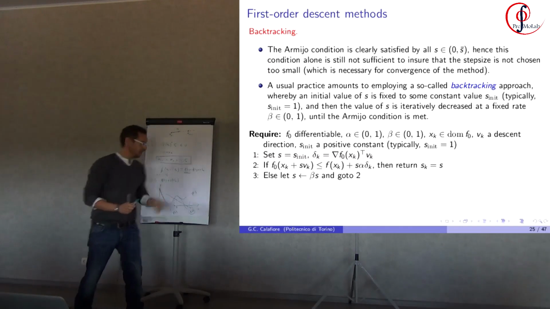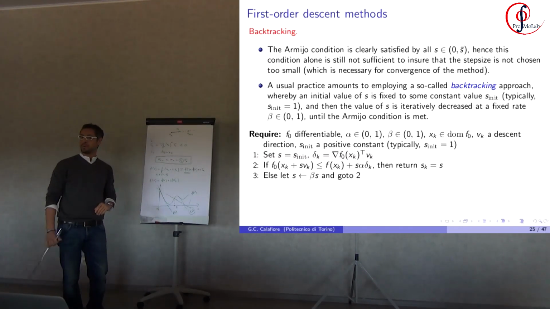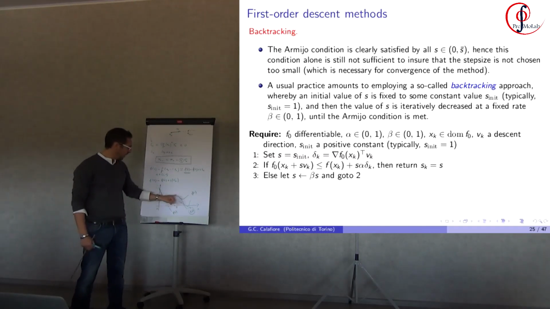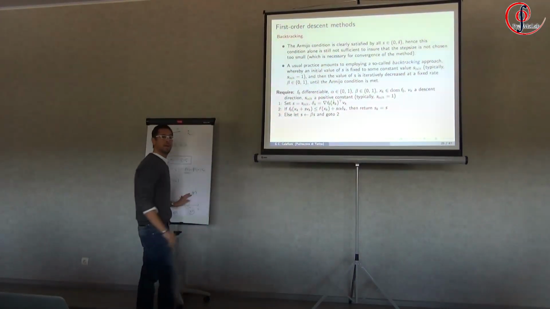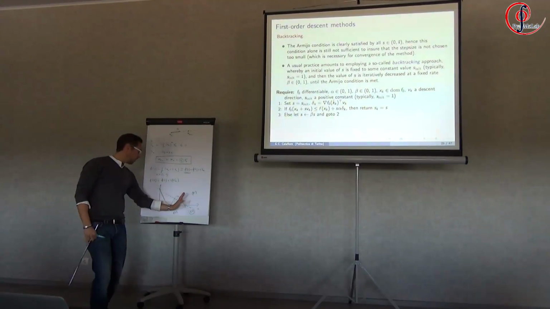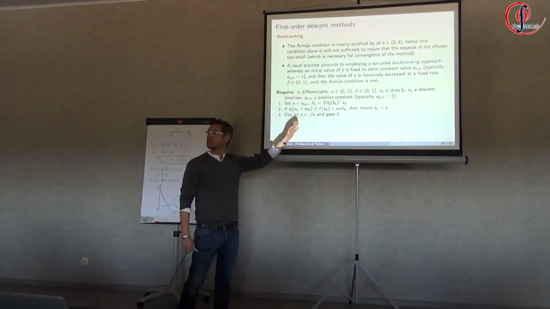If yes, if it is below, then the Armijo condition is satisfied, and we get away with our current S. If it is not, like if we are here, then we just multiply S by beta. So beta is less than 1, so we decrease, and we iterate.